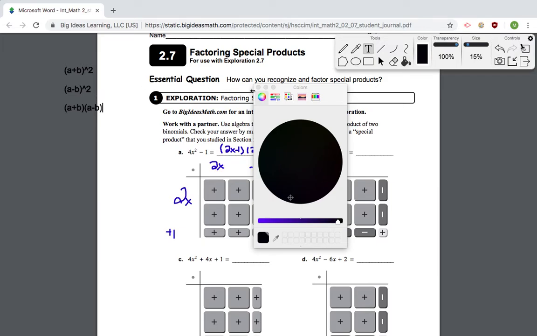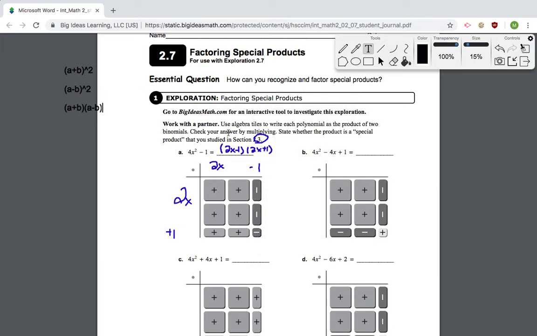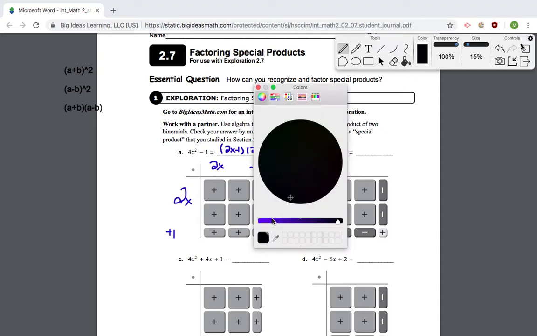If you don't remember what those are, then go back to section 2.3 or page 45, and they are on there. In any case, this is one of them. So yes, this is a special product pattern.